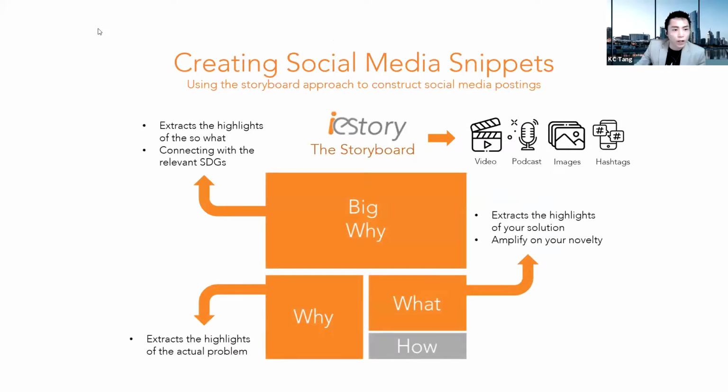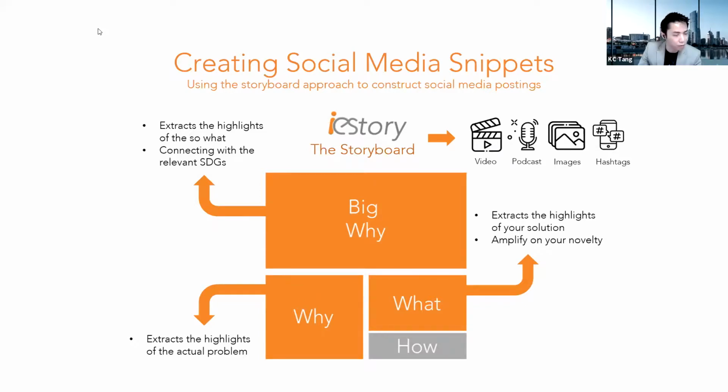Okay, so when you have all those things, you have crafted the key phrases in those keywords and the headline. Now it's time to put everything together to form your social media snippet. You still remember the storyboard that I always share when you're crafting your PLS. So the big why, you could extract some of the highlights from the why side, the problem. The methodology is still the same.